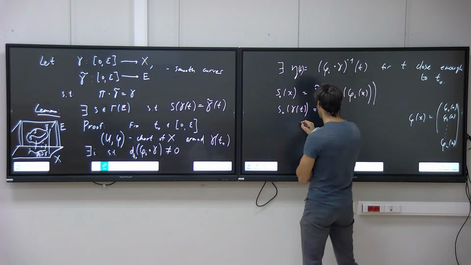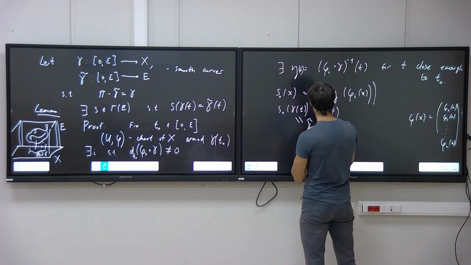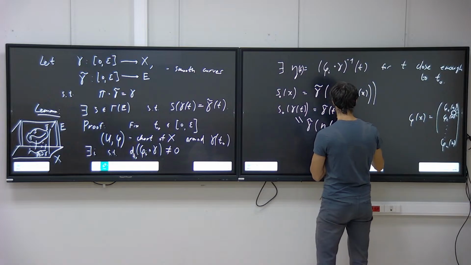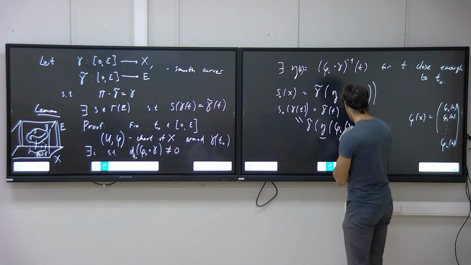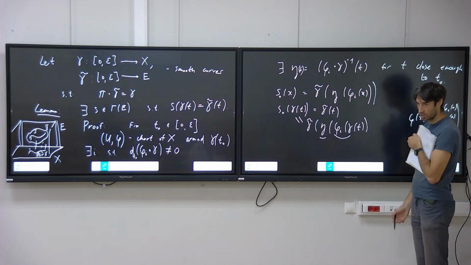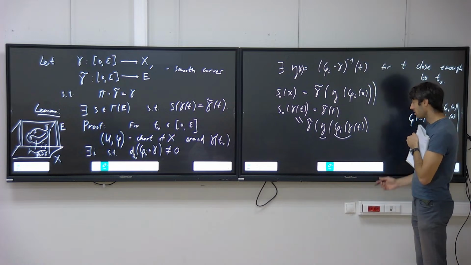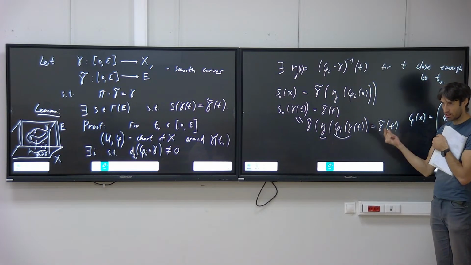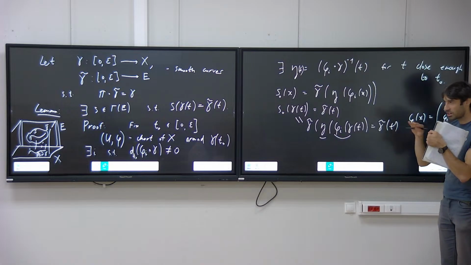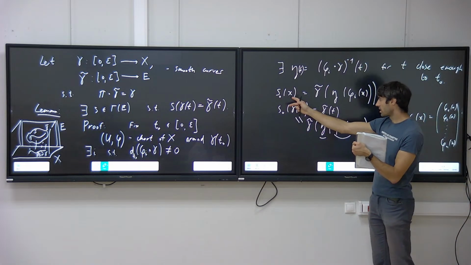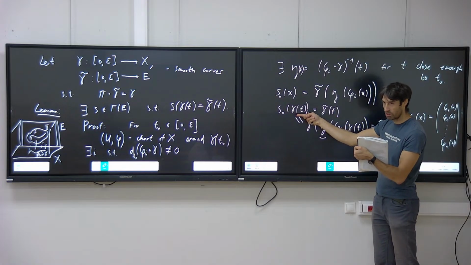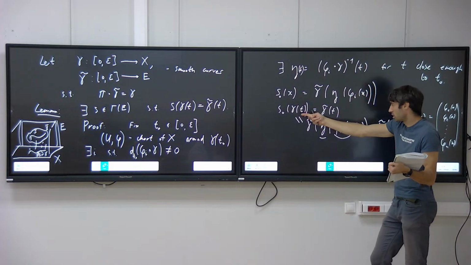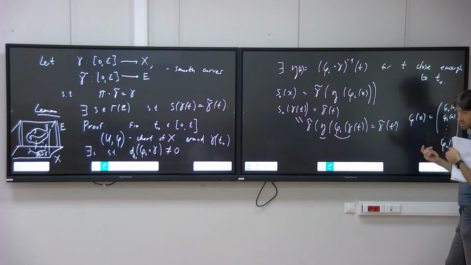By definition, gamma tilde of eta of phi I of gamma of t, and this guy is the inverse of this by definition. So I get gamma tilde of t. So locally I get what I want. Of course x cannot lie on the curve, but still inside U I don't care. It's still a smooth function which satisfies this.